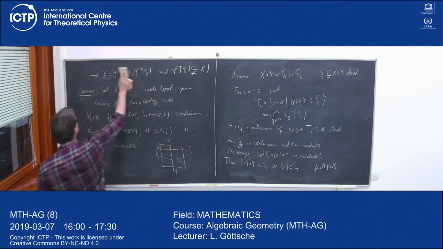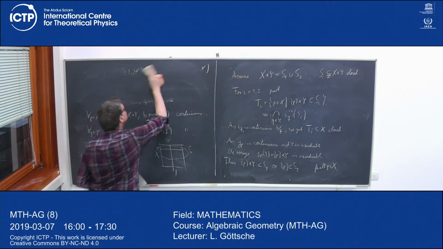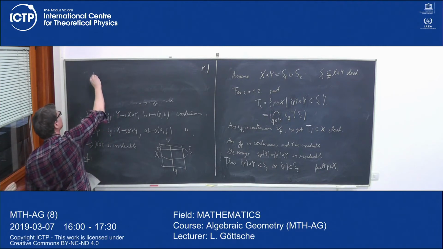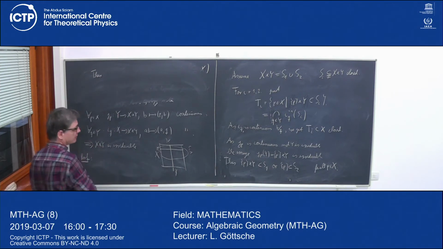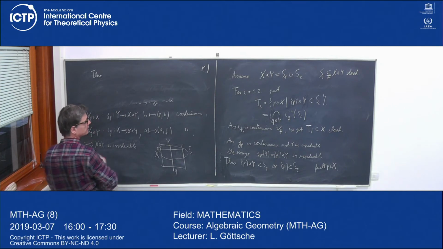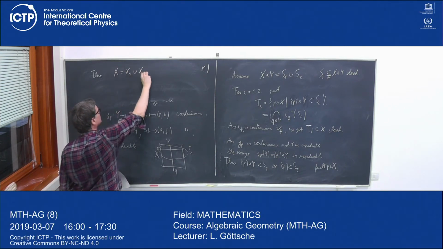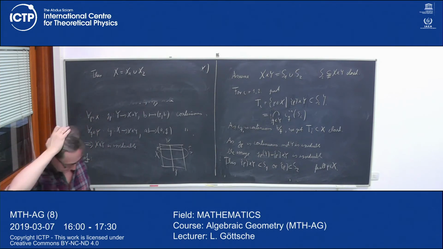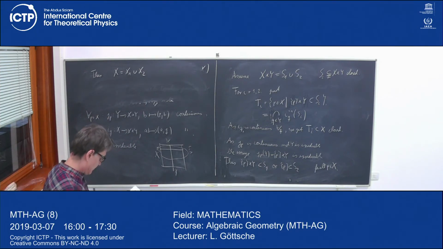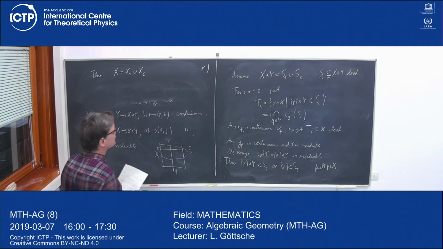So thus we have that X is equal to T1 union T2.